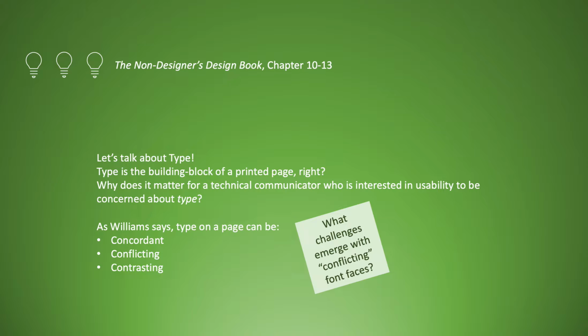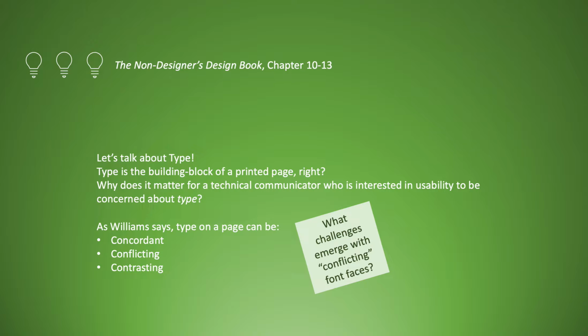So as Williams says, type on a page can be concordant, conflicting, or contrasting. I want you to be sure that you can go into the textbook and find the definitions of those 3 words that I've shared, concordant, conflicting, and contrasting, as they pertain to decisions about type. So what challenges emerge with conflicting font faces?